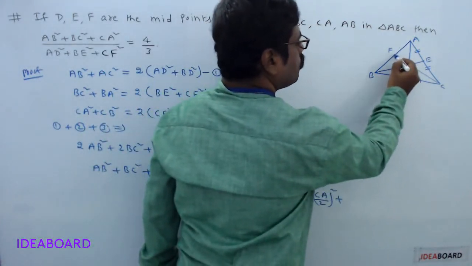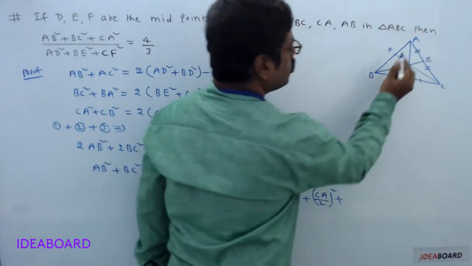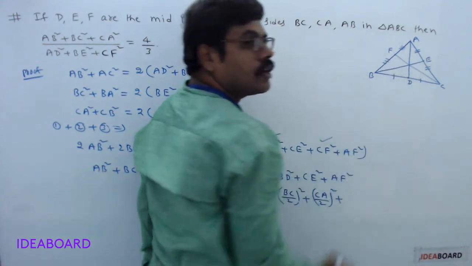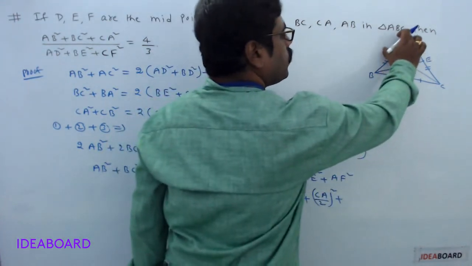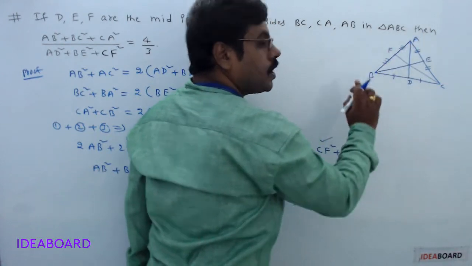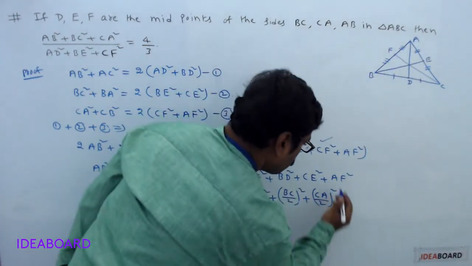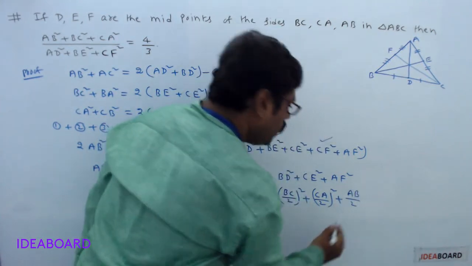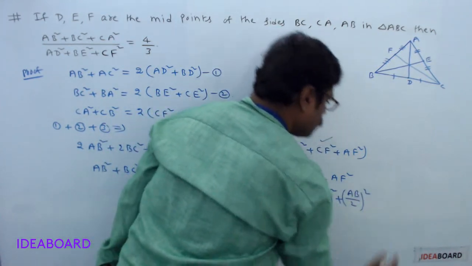Here F is the midpoint of the side AB. So this length and this length are equal. So this AF can be taken as AB divided by 2. So in place of AF, you can take it as AB divided by 2 whole square.